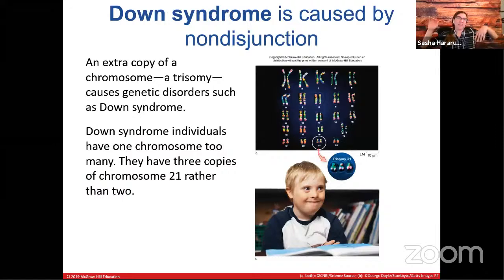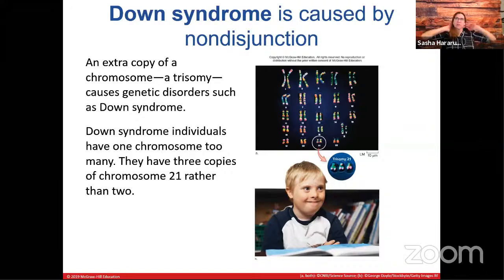And the example of the one extra chromosome and the kind of effects that it can have, you can basically evaluate it by reading about Down syndrome. It's fairly common.